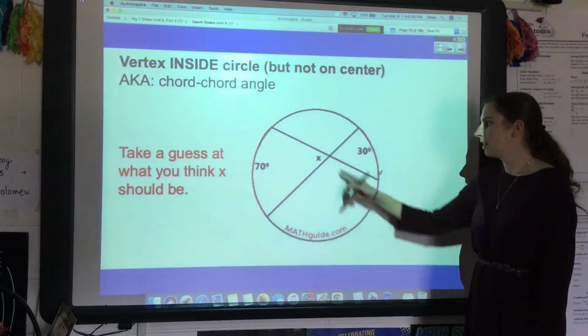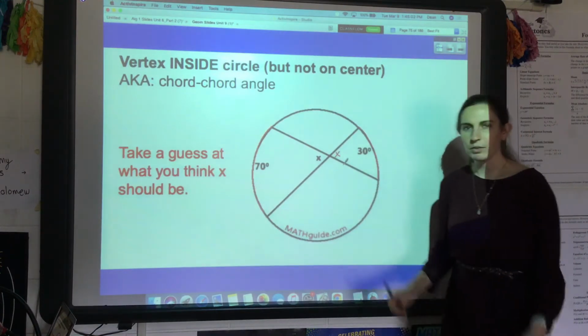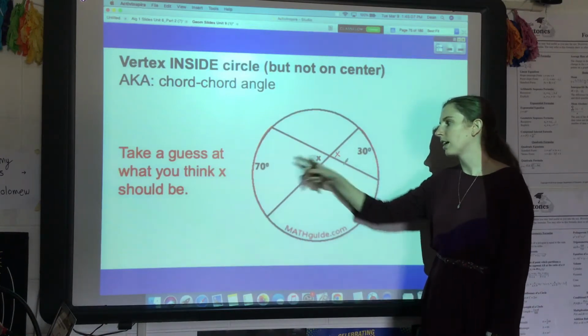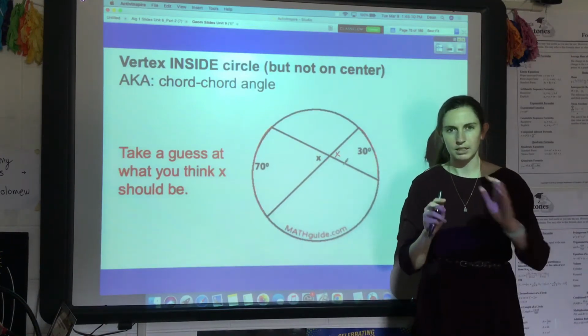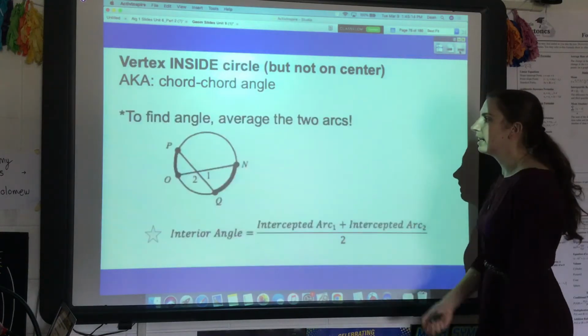Keep in mind, these two have to be the same because they're vertical angles. So what feels fair? It's probably somewhere in between 70 and 30, because it's not perfectly a central angle, but it's kind of like a central angle. And that's exactly it.